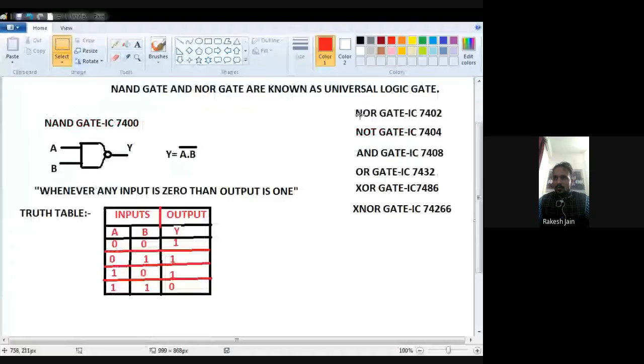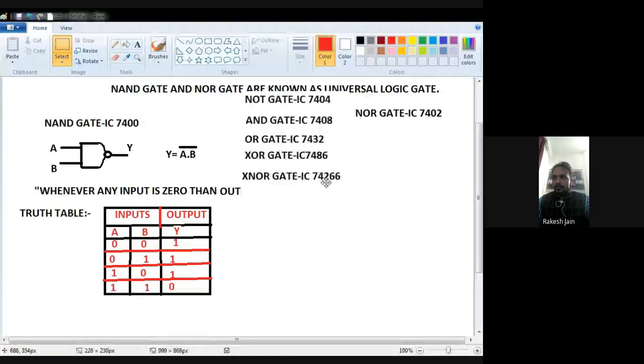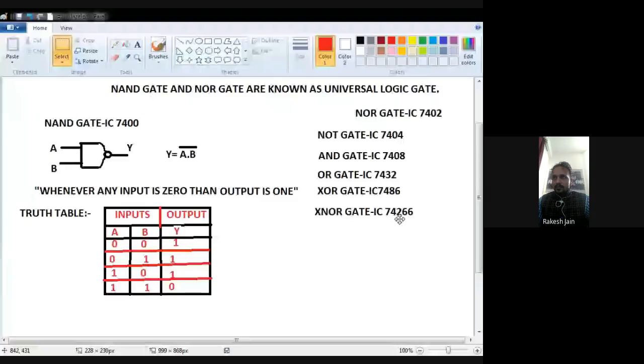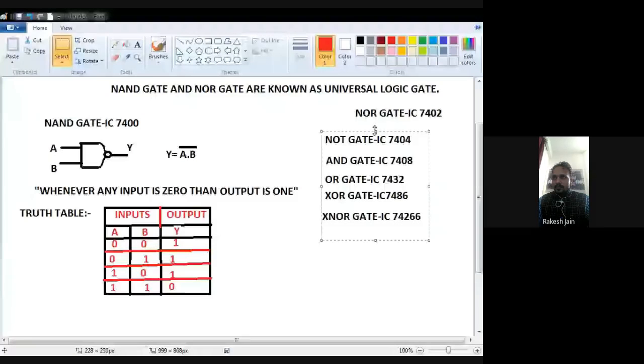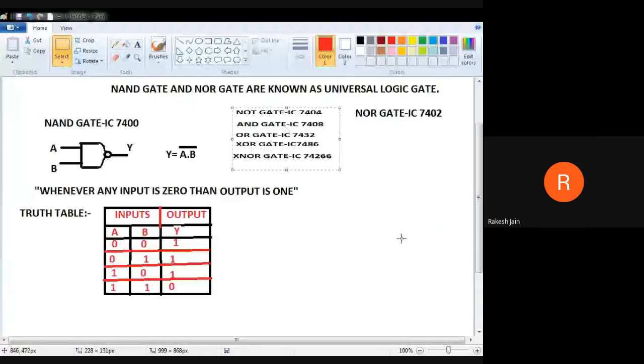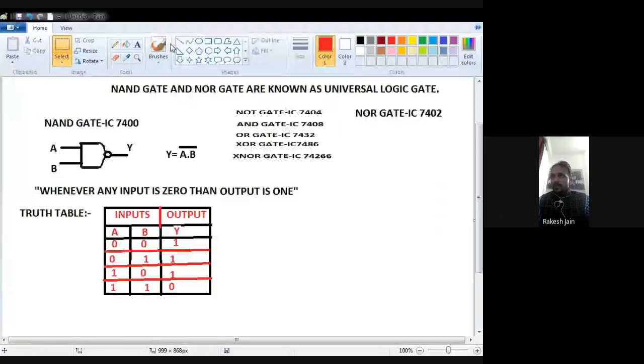Kindly take a snapshot and keep it with you so I can remove these from here. Now I am explaining you about the NOR gate. See very carefully.